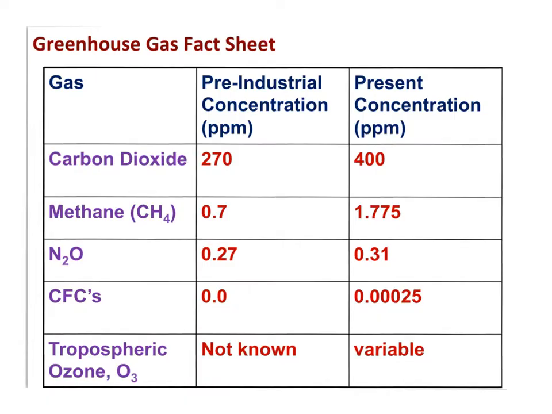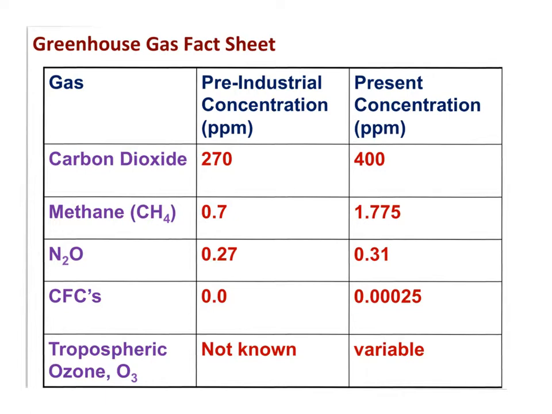This table shows the change in the concentration in various greenhouse gases since the start of the Industrial Revolution moving forward. You can see changes in all of these greenhouse gases. Human activities have increased the concentration of greenhouse gases. Can you name 5 greenhouse gases?